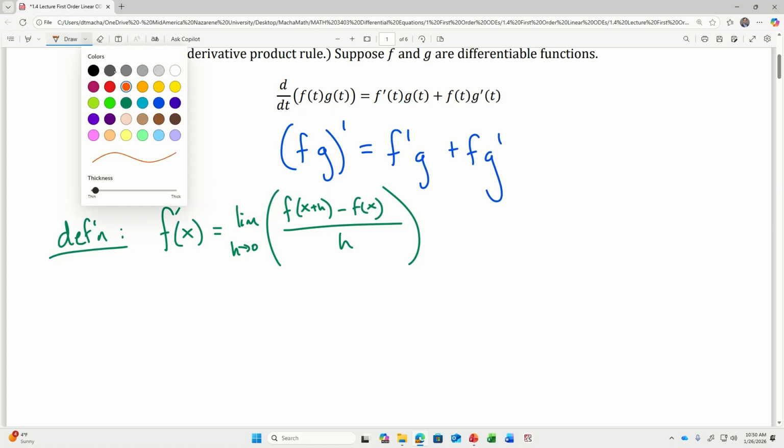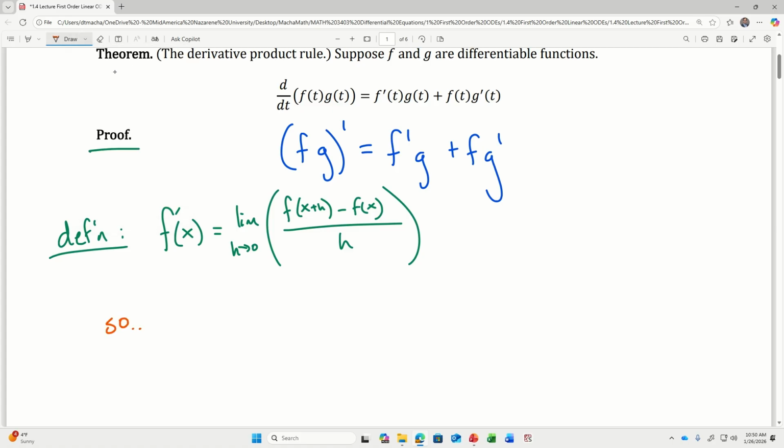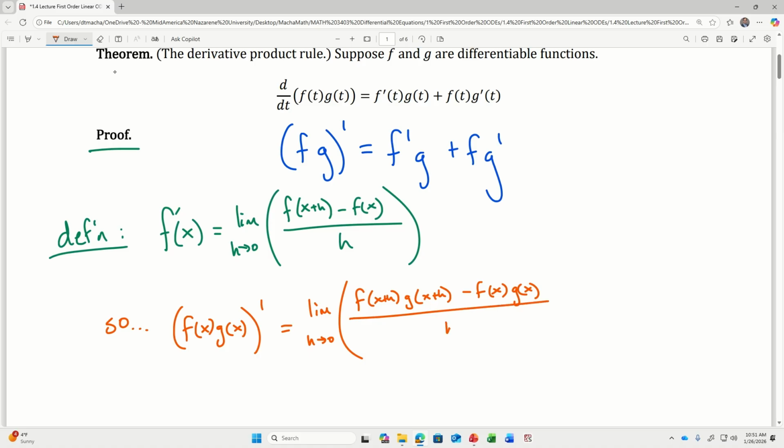So in our case, if I have the derivative of f of x times g of x, this is going to be the limit as h approaches 0 of f of x plus h times g of x plus h minus f of x times g of x divided by h.